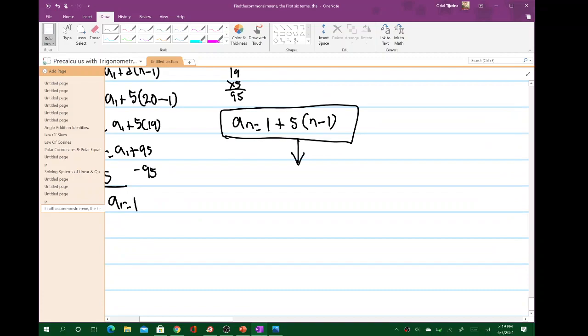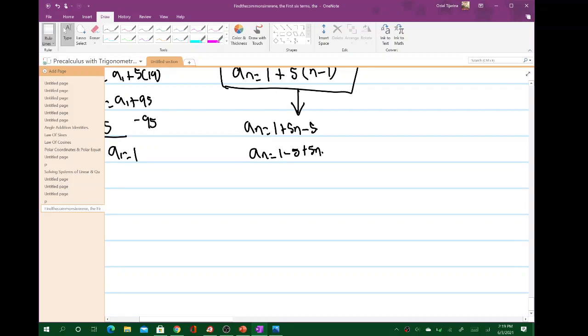We can also say that a sub n is equal to 1 plus 5n minus 5. Combining like terms, a sub n equals 1 minus 5 plus 5n. Then we have a sub n equals negative 4 plus 5n, like this, or a sub n equals 5n minus 4.